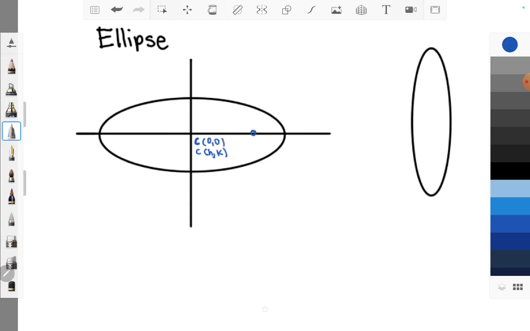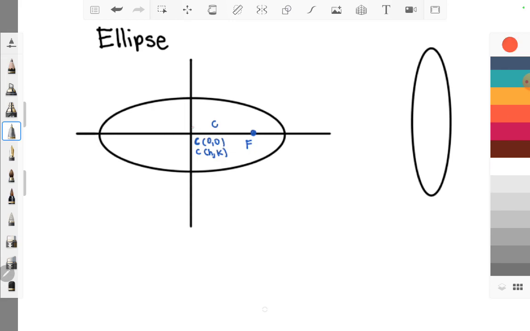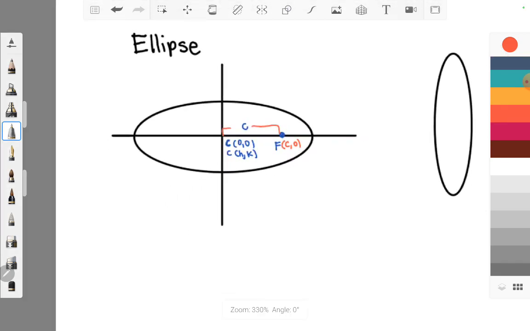Let's say this will be our focus, and our focus F is at a distance C from the center. So the distance from the center to F is C, and therefore I may call this (C, 0).